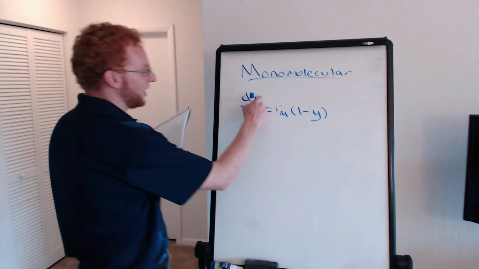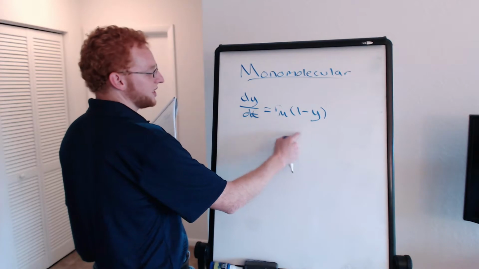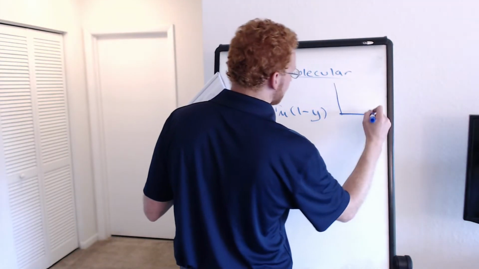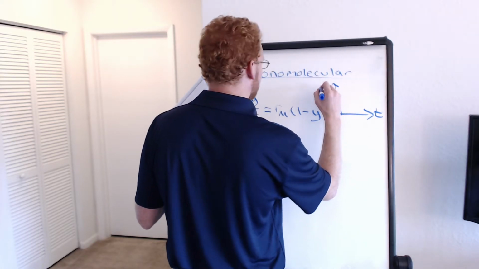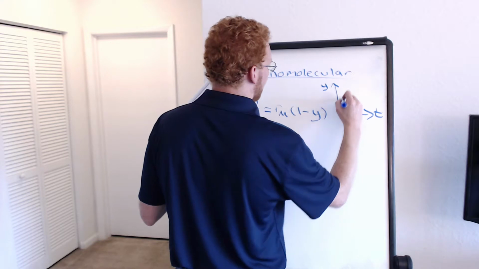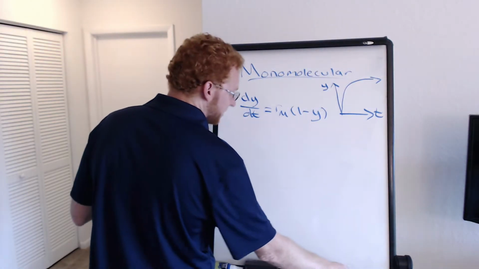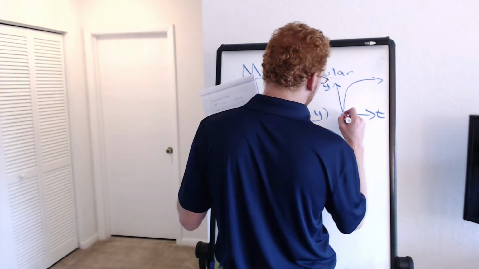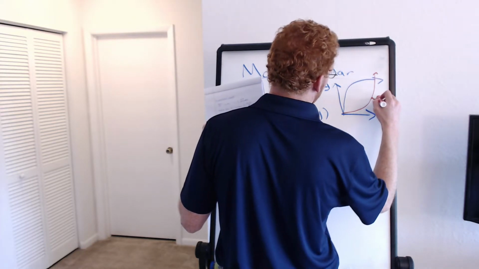So this is saying the rate of increase is equal to a constant times the proportion of healthy plants, which is the opposite of exponential. So we have time, y, and this makes that shape, which is the opposite of the exponential shape.